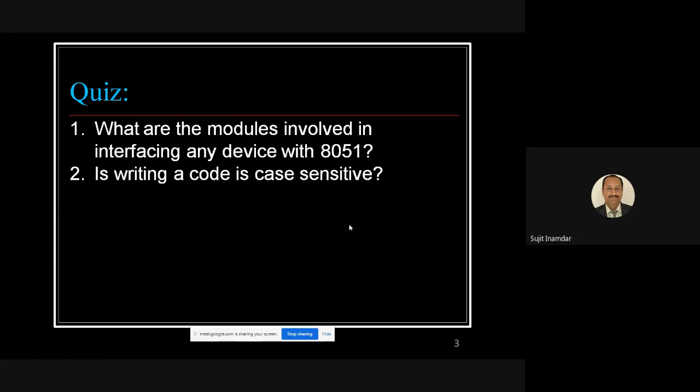In the chat box, I am expecting now the answers for these two simple questions. Think on that, and whatever you feel, you can put in the chat box, no issue.